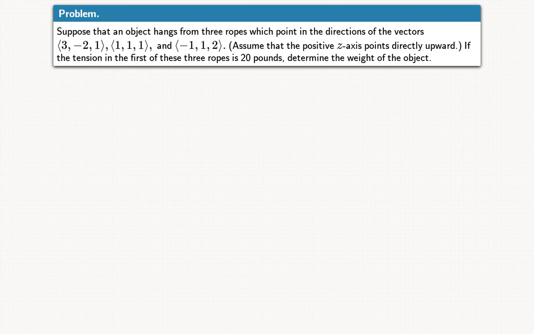Now let's say we're given this situation. So an object is hanging from 3 ropes, and we're told vectors pointing in the direction of those ropes. So let me call these u, v, and w. Then I'm going to call u hat the direction vector of u, so that'll be u over length of u.